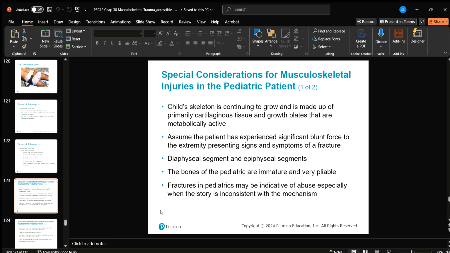And then this is always important because we always have to be advocates for our patients. Fractures in pediatrics may be indicative of abuse, especially when the story is inconsistent with the mechanism. So if you have a patient that has, let's say, a fractured femur, and the story from the parents is that the patient fell out of bed, you say, okay, show me where the bed is.